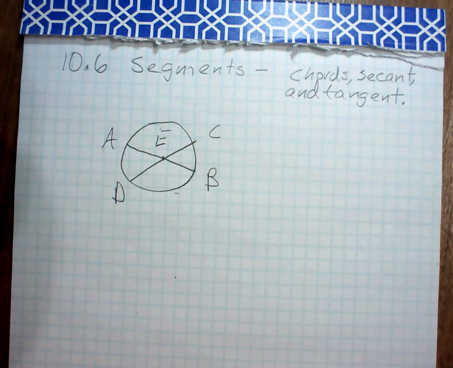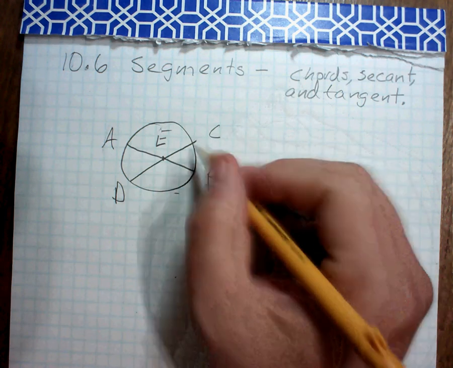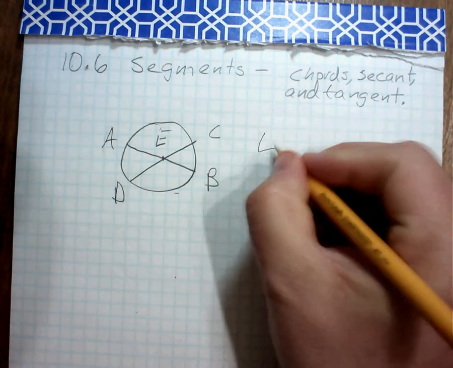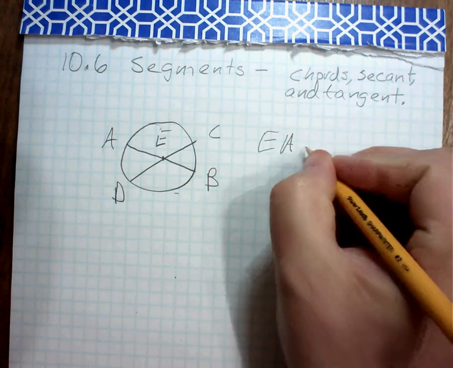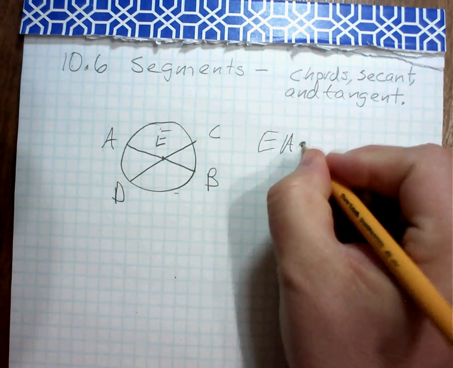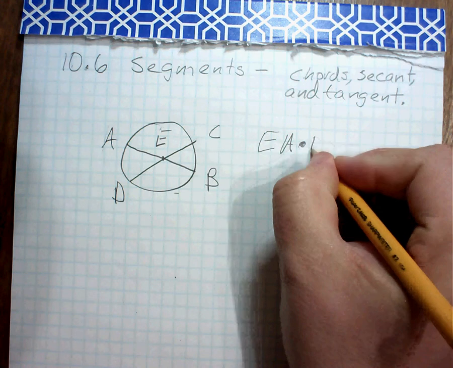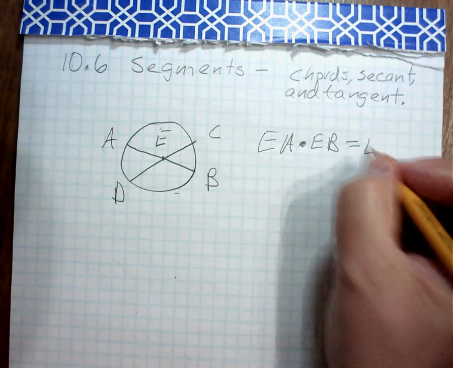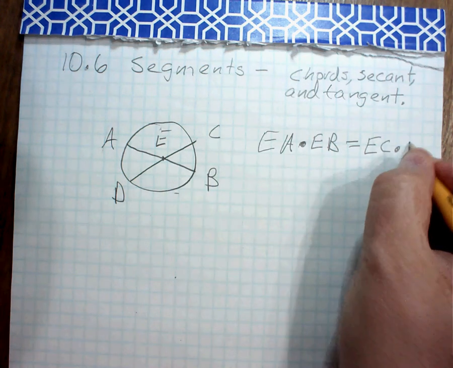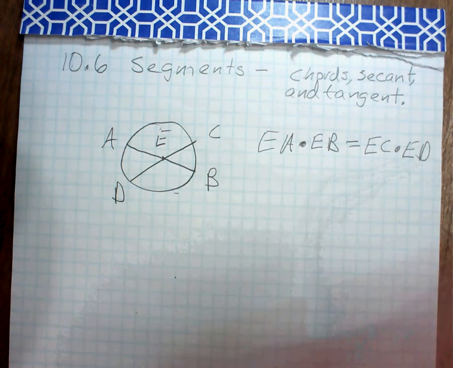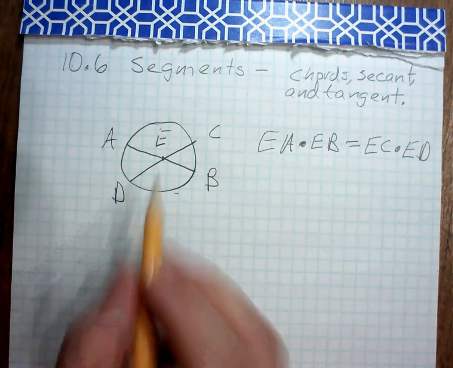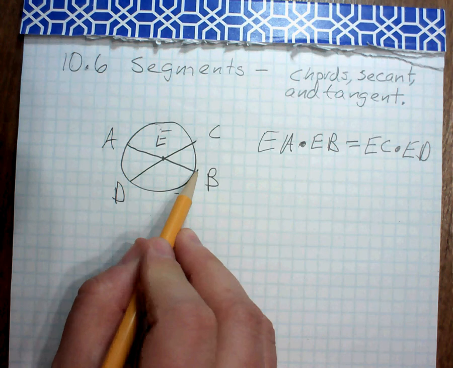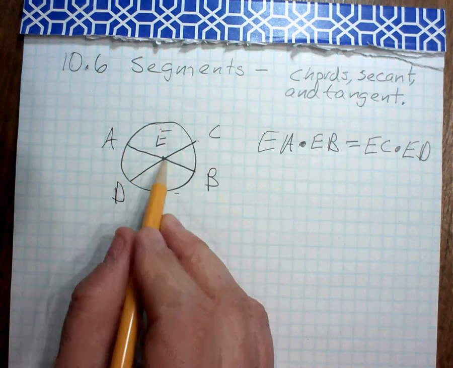The one thing I know about the segments of chords theorem is the relationship: A to E times E to B should equal E to C times E to D. Okay? So EA times EB should equal EC times ED.